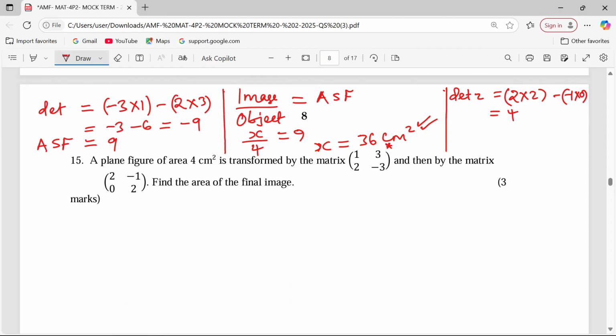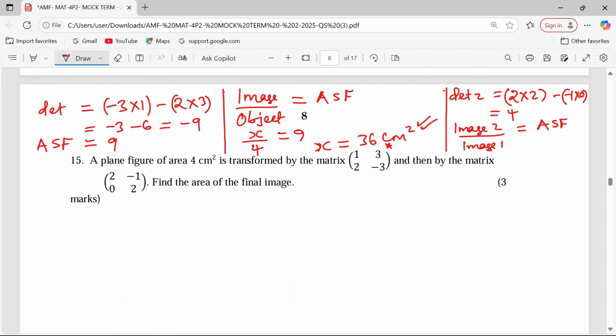So the second determinant is 4, which means when we take the final image over the first image, we are supposed to get the second area scale factor, which is determinant 2 now.